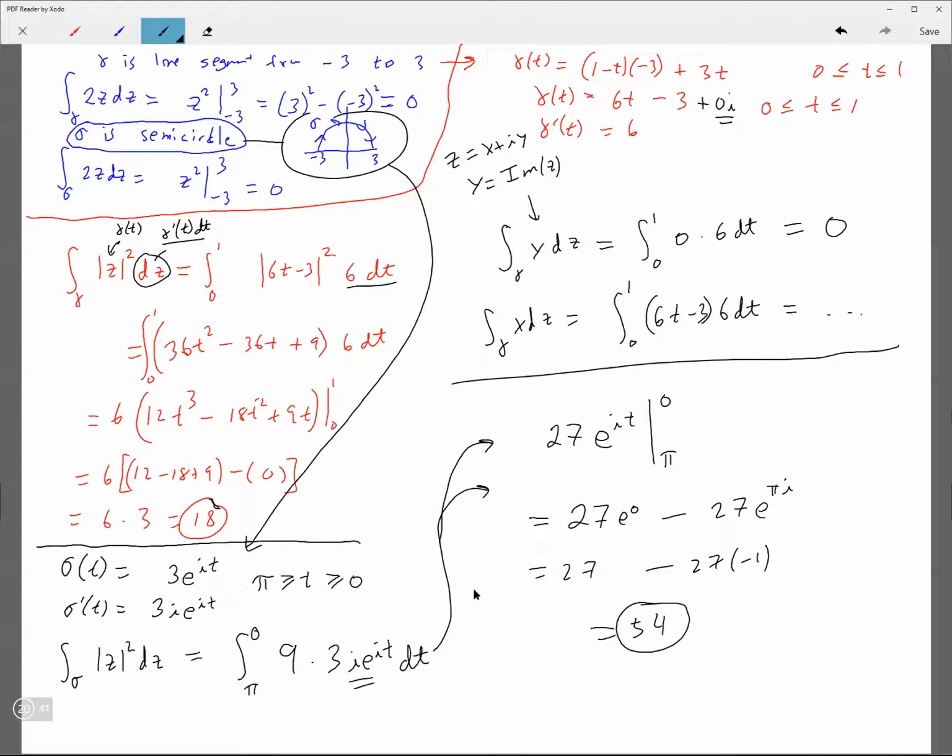So there's a big difference according to different paths. Whereas if the function that you're integrating is holomorphic and has an antiderivative, then it doesn't matter what path you take. It's just going to be the same either way. You can use the fundamental theorem of calculus. Okay, so hopefully that clears up a few things.